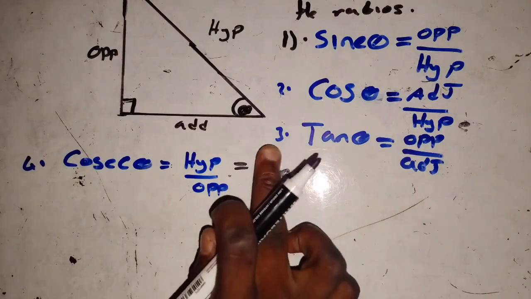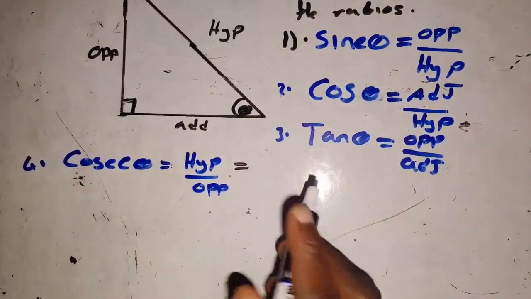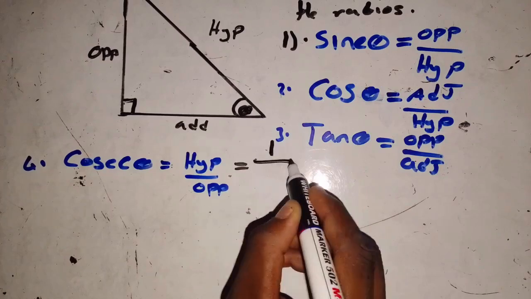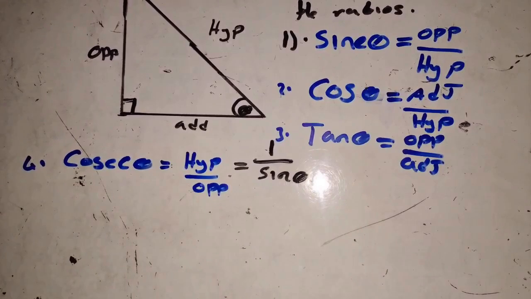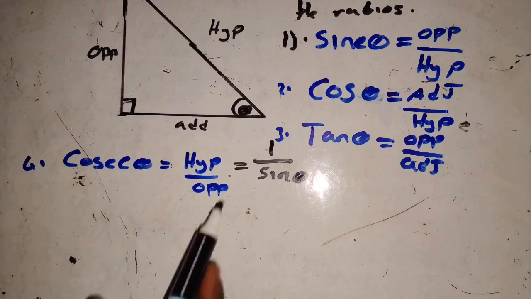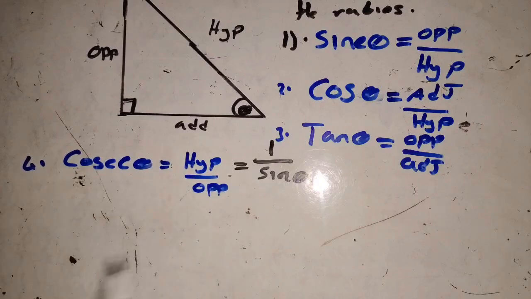This is important, so remember cosec is the same as 1 over sin theta.